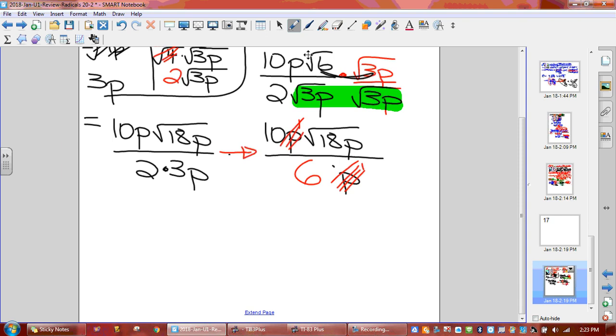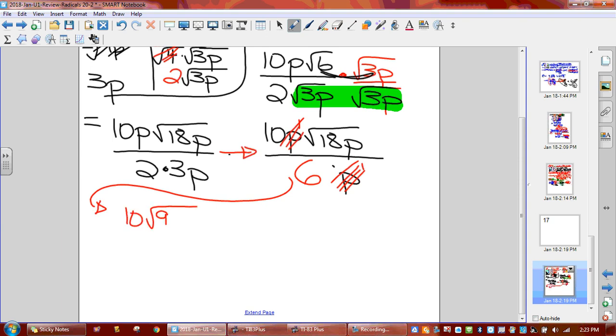Well, root 9 is going to solve and become a 3. And 3 is going to multiply to the 10. So this is going to end up becoming 30 root 2P all over 6. Now, the only thing that can reduce, again, we are not looking at the radicand because there's no radicand on the bottom. So that's why we didn't do anything with the radicand there.